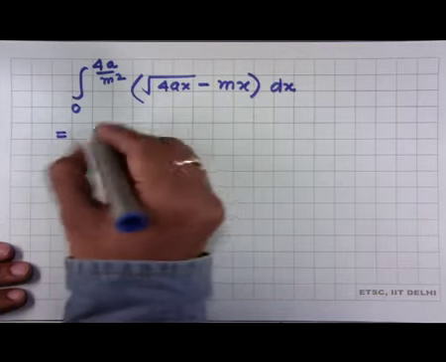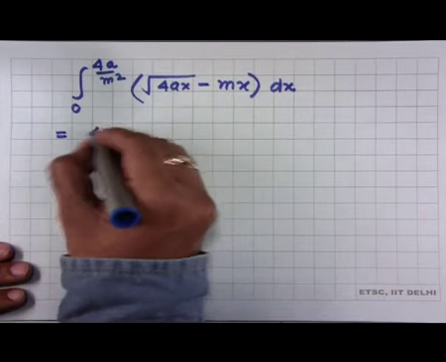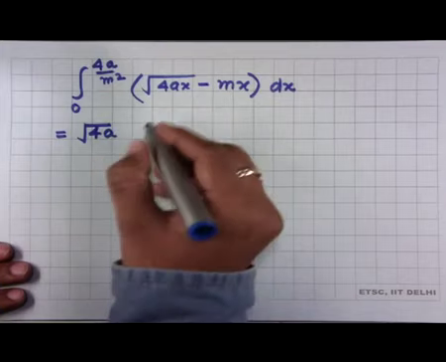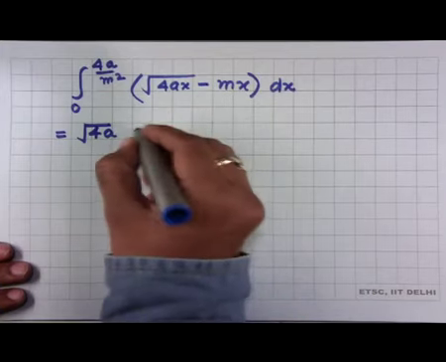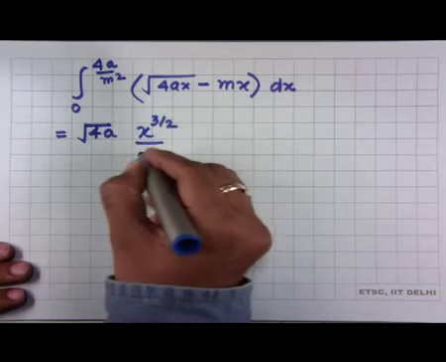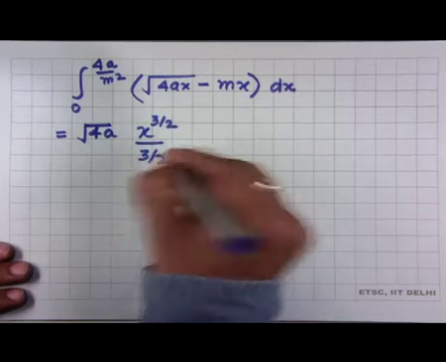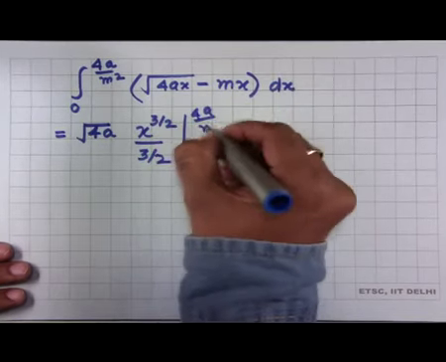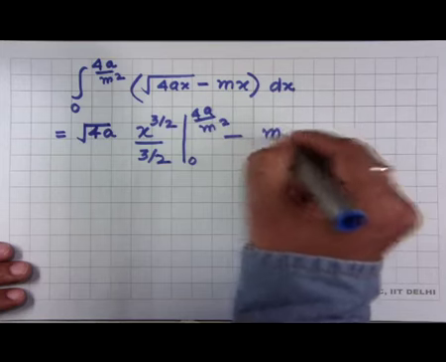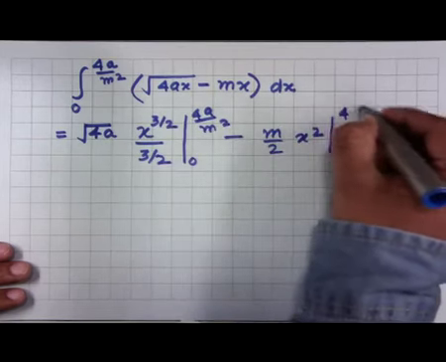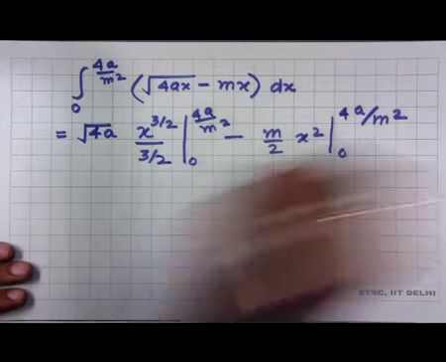Now, you can integrate this. These are simple integrands where the antiderivative is known to you. So, you get 2 by 3 times root 4a x to the power 3 by 2, minus m by 2 x square, from 0 to 4a by m square.